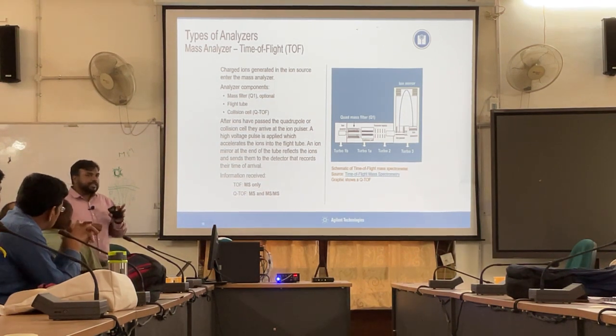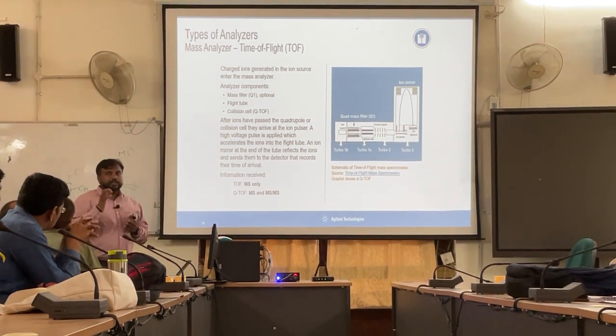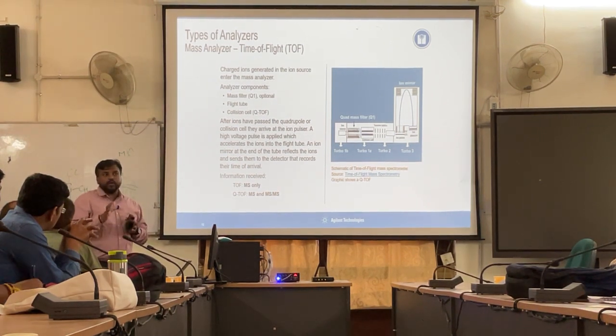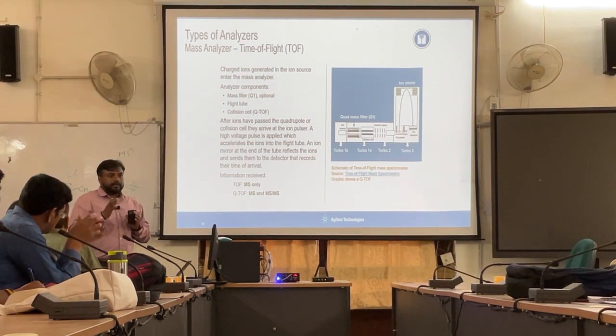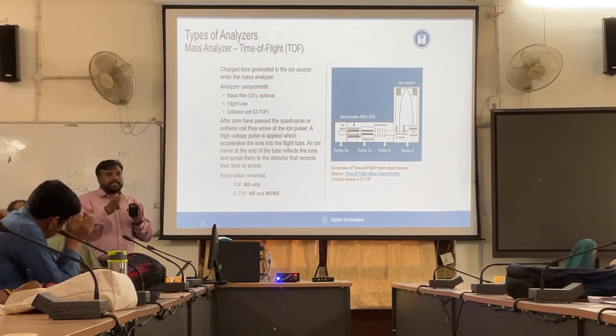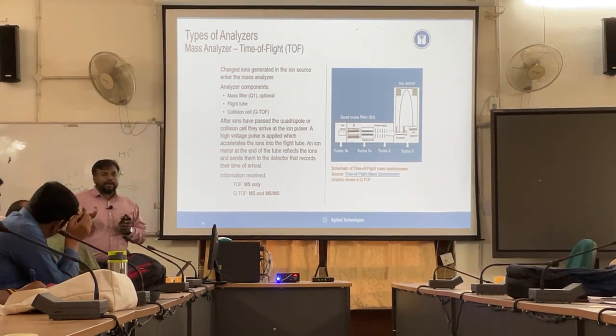That's the reason we always recommend using solvents and reagents which are volatile in nature, because ultimately in the source we have to separate the ions from the mobile phase, reagent and solvent, whatever we are using in the mobile phase.